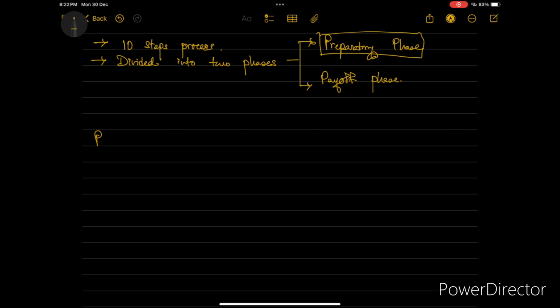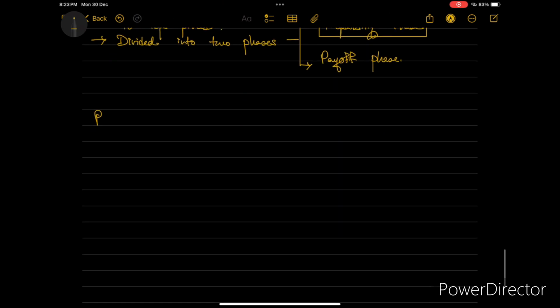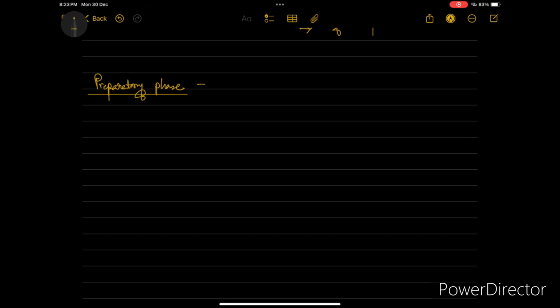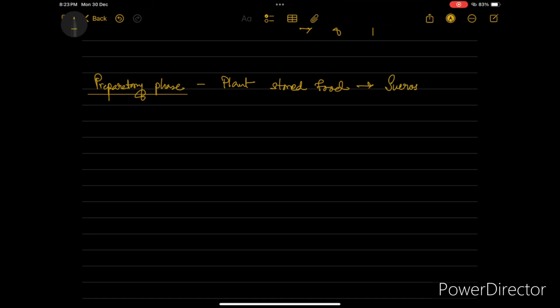Now, we discuss the first phase, the preparatory phase of glycolysis. At the very beginning, we must know what the form of reserve food is in the case of plants.